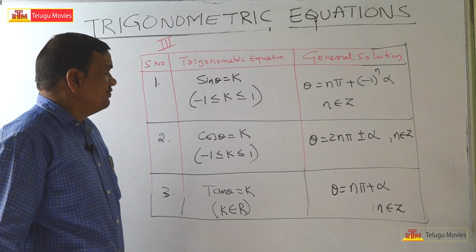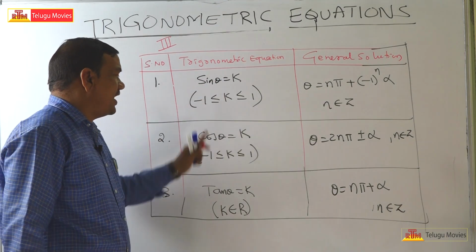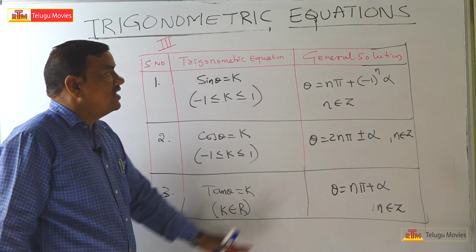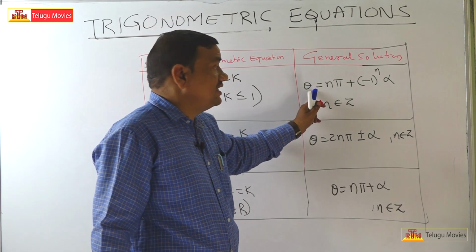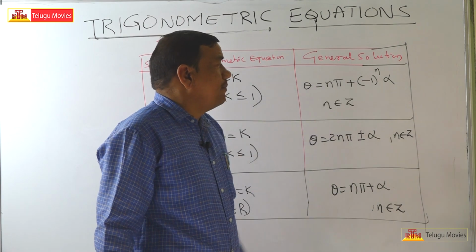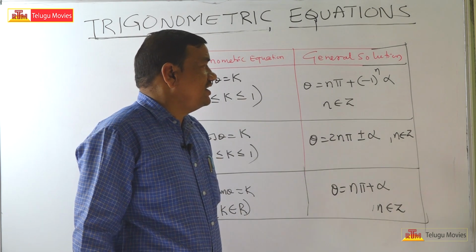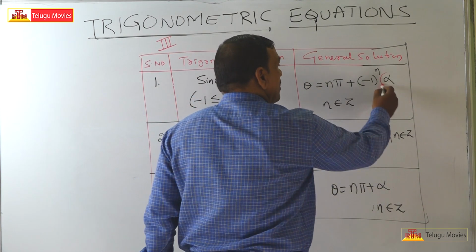The first one is sin theta is equal to k, where k lies between -1 to 1. So you know the range of sin theta, and its general solution is given as theta is equal to n pi plus (-1) to the power n times alpha. N is an integer. What is alpha?